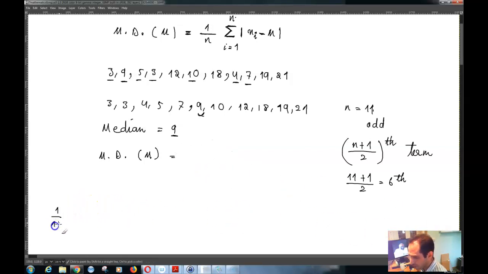So then you can write this as 1 divided by 11 times the difference of all of these observations and your median.